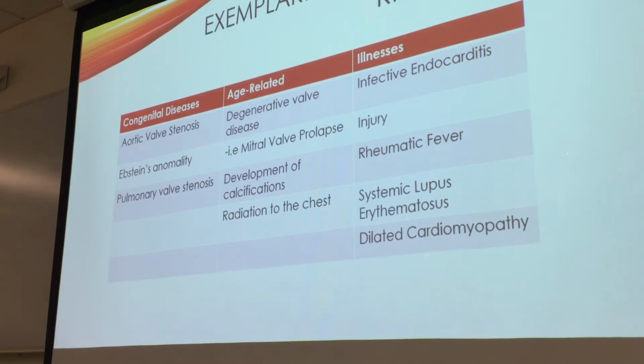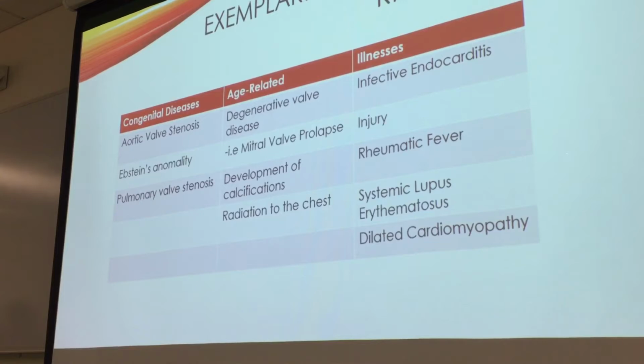And risk factors for valvular disease. So congenital diseases, some people can be born with defects. Aortic valve stenosis, for instance, can be something that one is born with, or maybe they have leaflets that are fused together. And then age-related risk factors, so the older you get, you kind of have risk for calcifications due to atherosclerosis and everything.